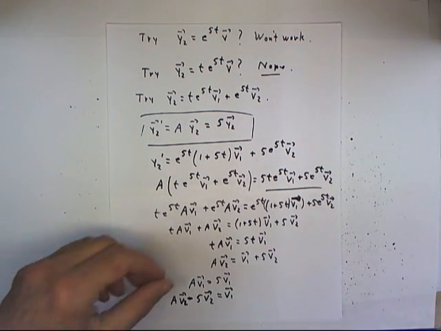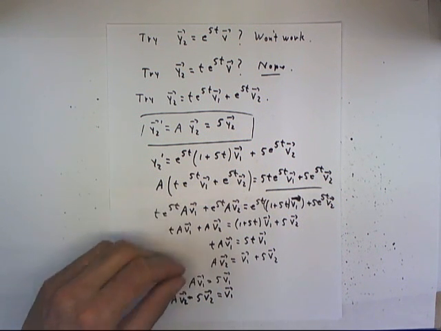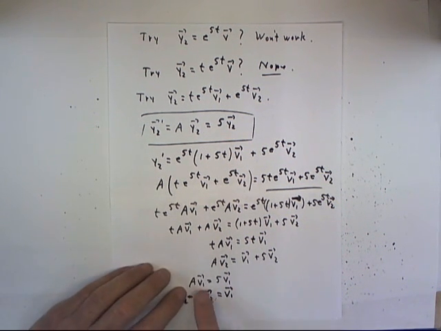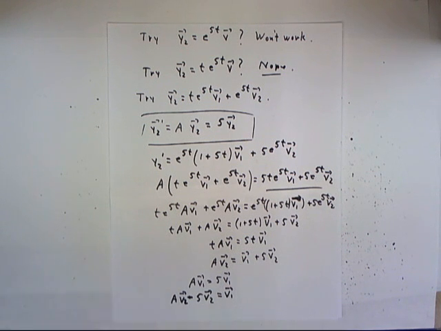Now, what we have here is simply the eigenvalue equation, A v1 equals lambda v1, for the eigenvalue we've already found for A, so that v1 could be, for example, our first solution.